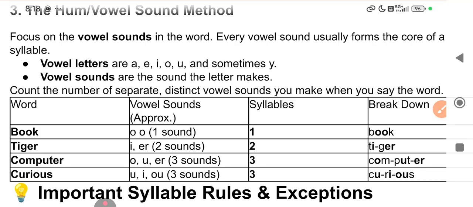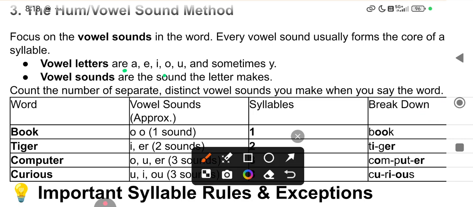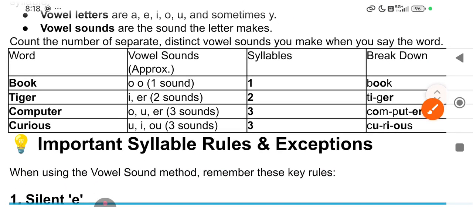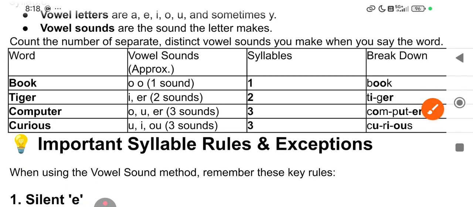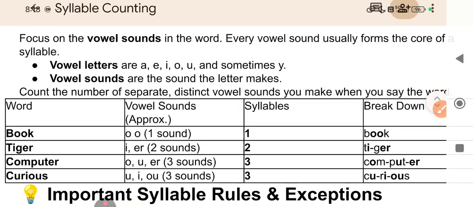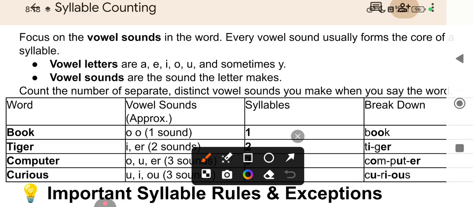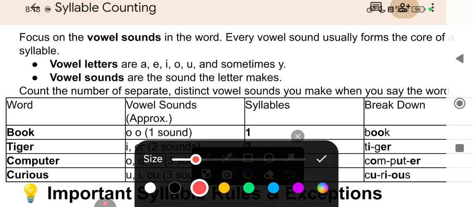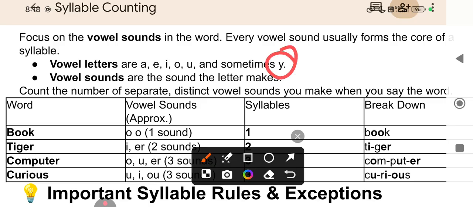So vowel letters are A, E, I, O, U and sometimes Y. We have to focus on vowel letters, and sometimes on Y also.